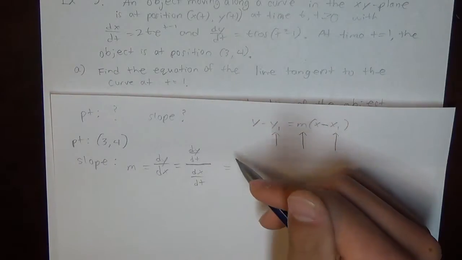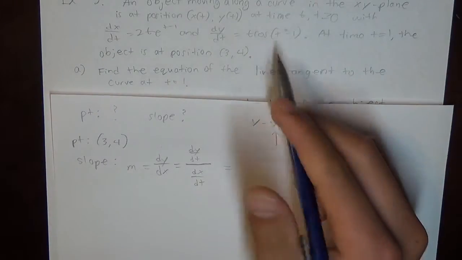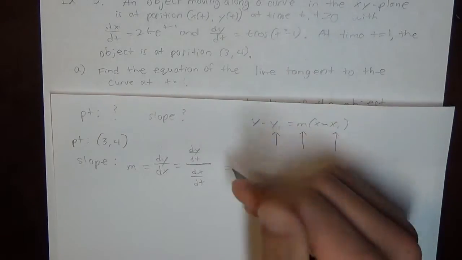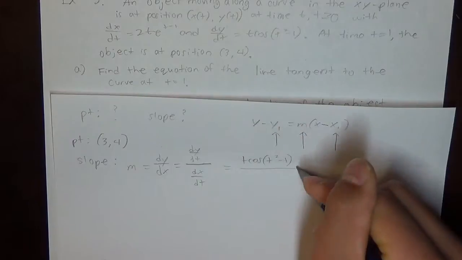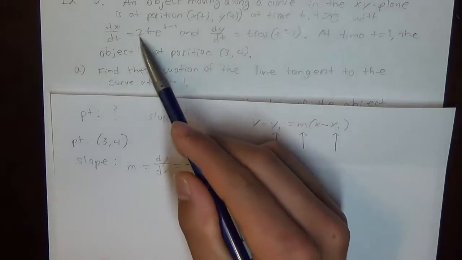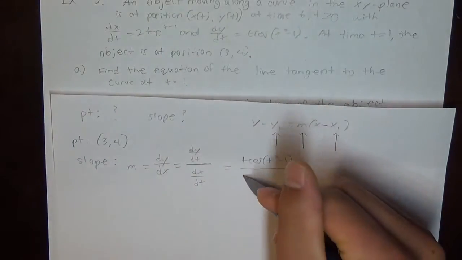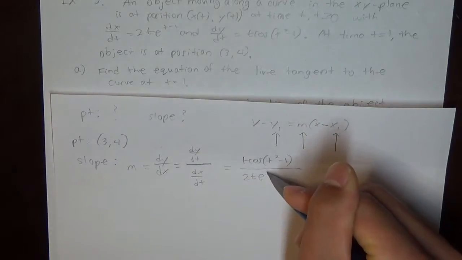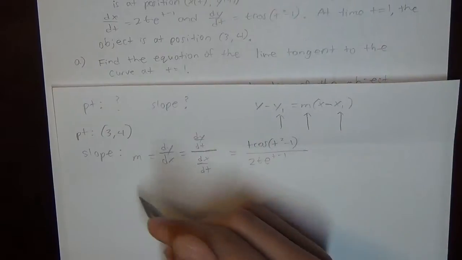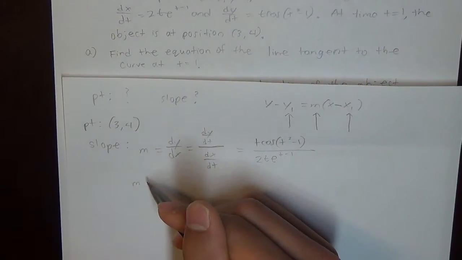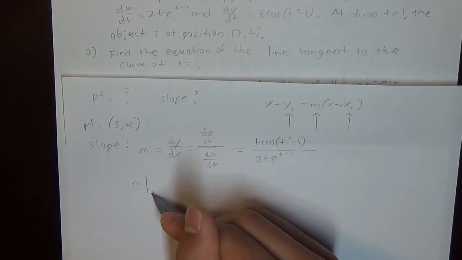So dy/dt is given to us, it's this, and over dx/dt, it's also given to us. And we have to find this evaluated at t equals 1.